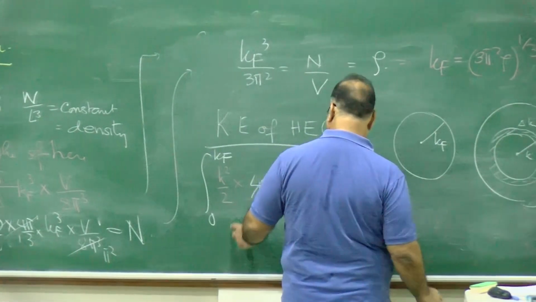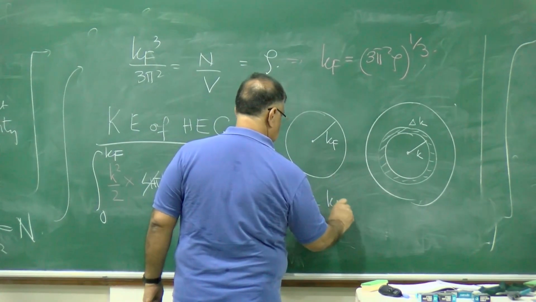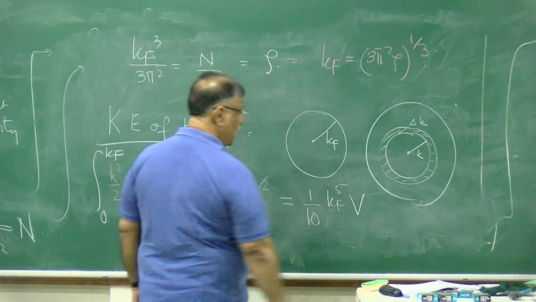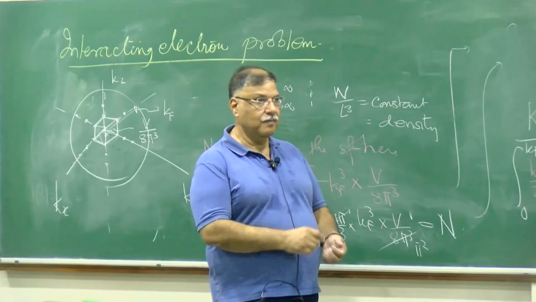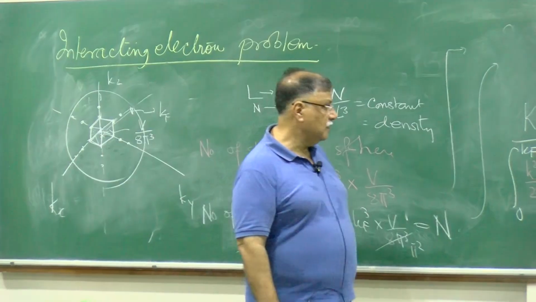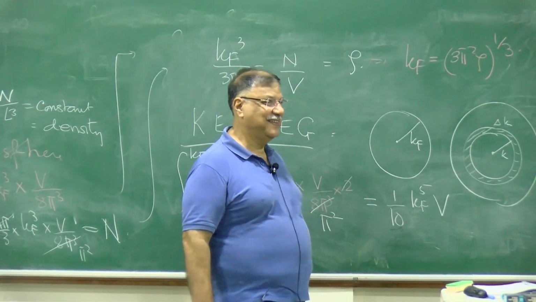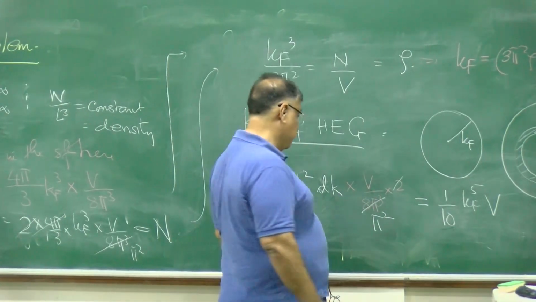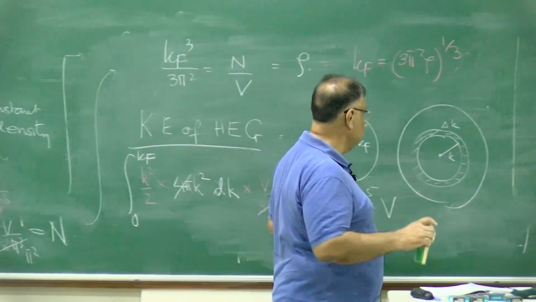So you get 1 by 10 kF raised to 5 V over pi square. Yeah. Okay, all right.